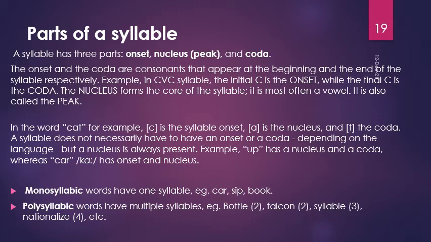This means the onset is the initial part, while the coda is the final part. The nucleus forms the core or the peak of the syllable. It is always a vowel. It is also called the peak.